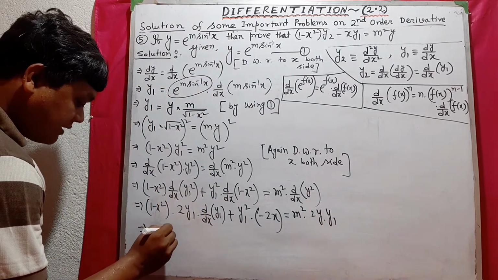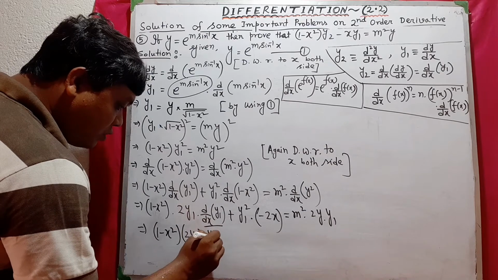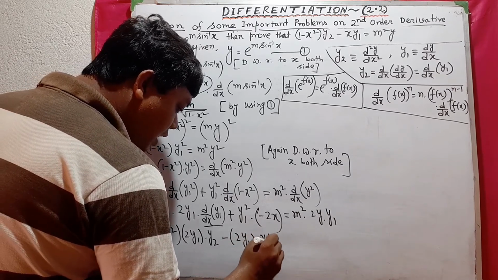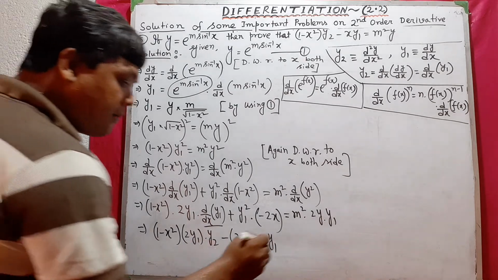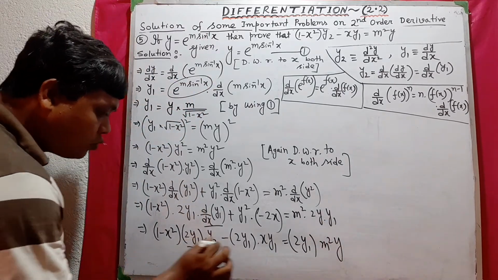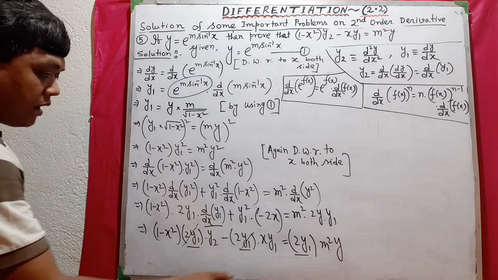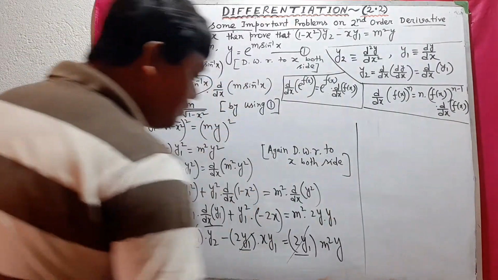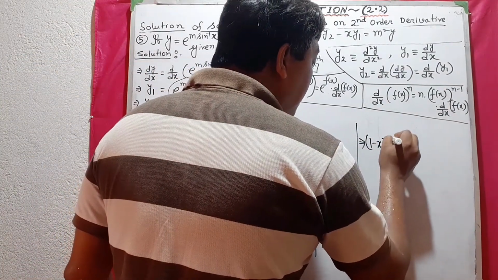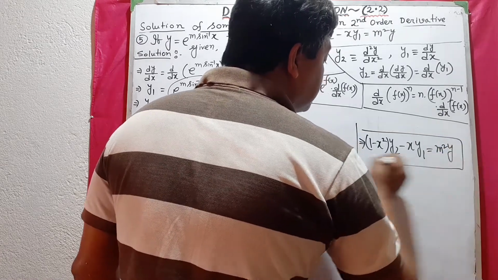So (1 minus x square) into 2y1 into d/dx of y1, that is y2, minus 2y1 into x into y1, that is 2y1 square x, সেটাকে আমি ভেঙে নিলাম, equals 2y1 into m square y. দেখো প্রত্যেকটা ক্ষেত্রে 2y1 প্রেজেন্ট, তাহলে 2y1 ক্যান্সেল করে দিতে পারি। Therefore this implies (1 minus x square) into y2 minus x into y1 equals m square y. Hence the result is proved.